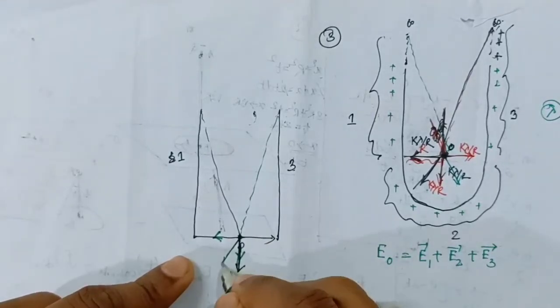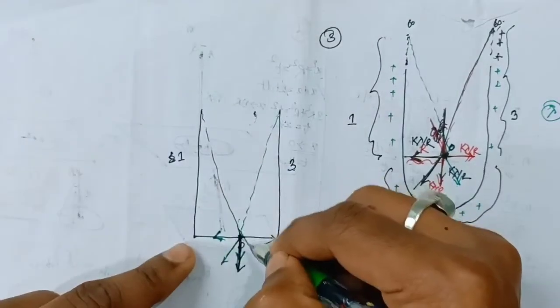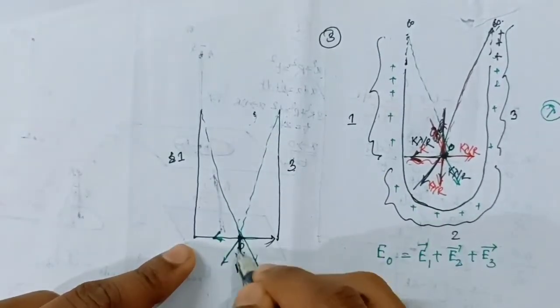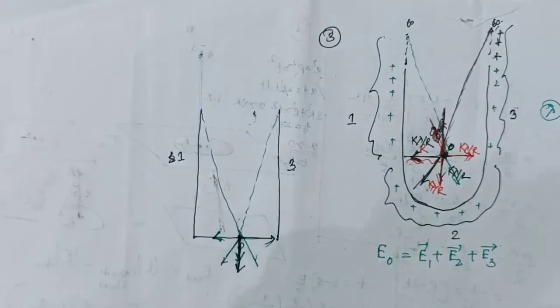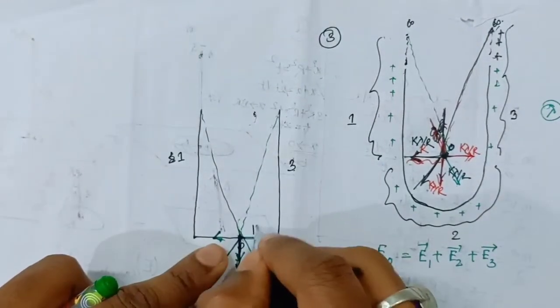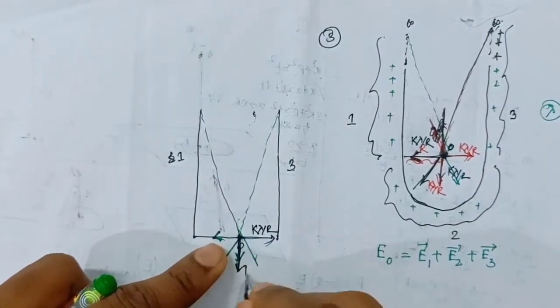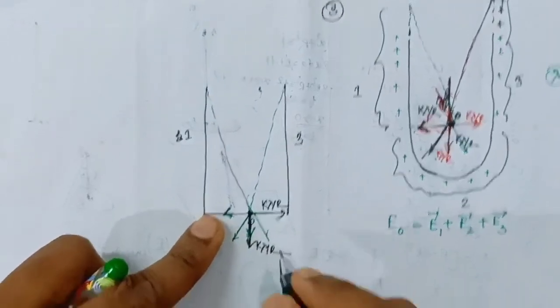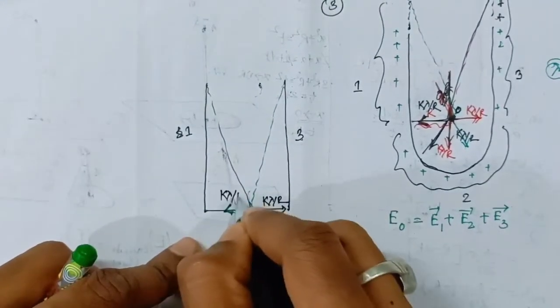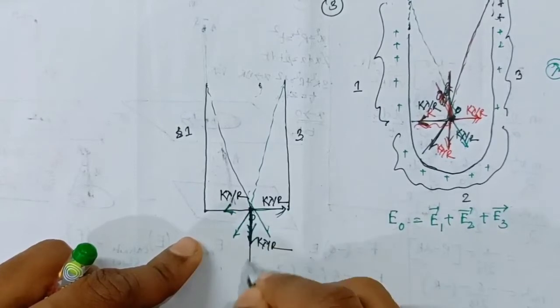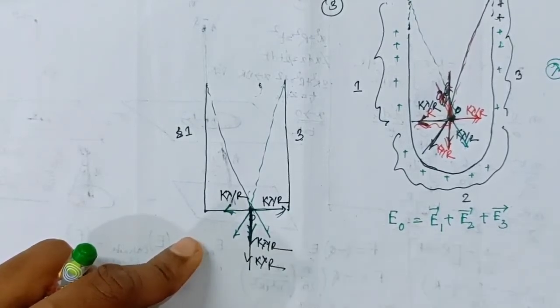Because it goes like this, one component is here, another is here. So what are the expressions here? This is k lambda by r, here k lambda by r, here also k lambda by r, and another component here is also k lambda by r.